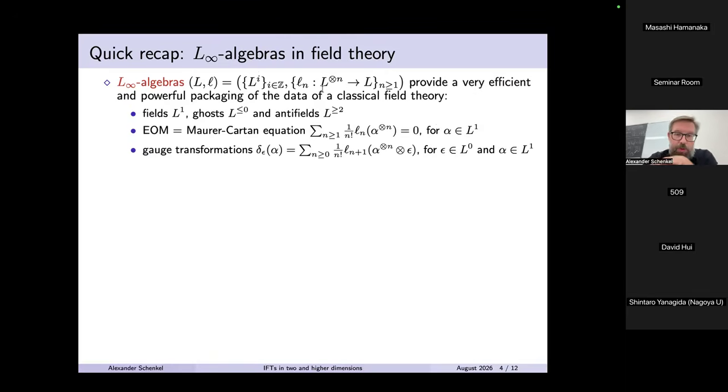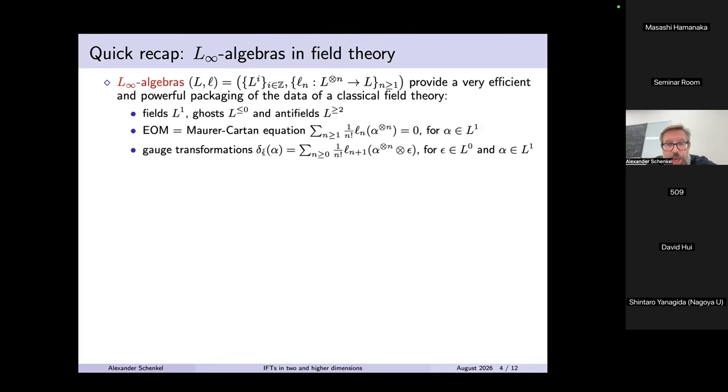You can also write down gauge transformations. These are infinitesimal ones, but the speaker before me also said a few words about finite gauge transformations. You can also produce formulas for that out of the brackets. The gauge transformation parameters live in L0. The fields live in L1.